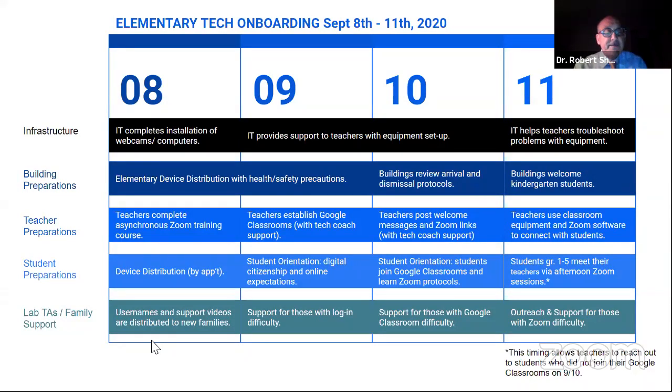From the perspective of teacher preparation and PD, teachers have been highly focused on becoming familiar with Zoom, and as Annie mentioned, all of the bells and whistles and the various resources within Zoom to organize large group, small group, and individualized instruction.